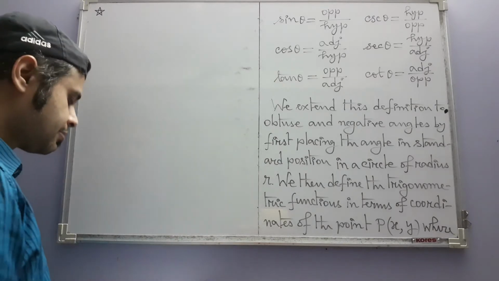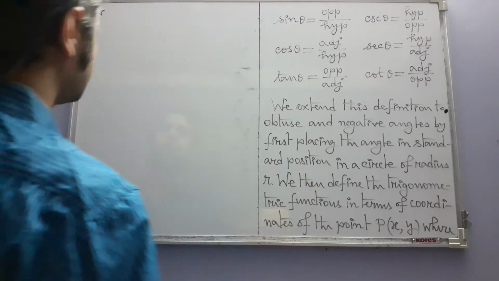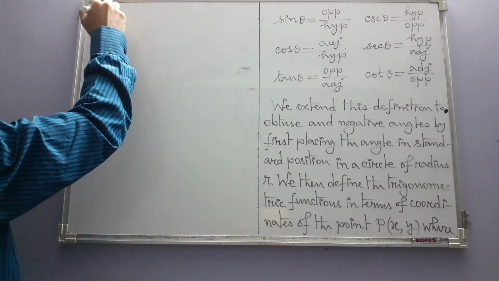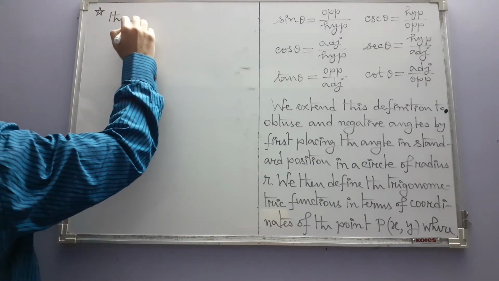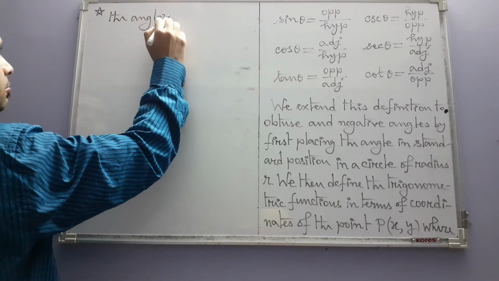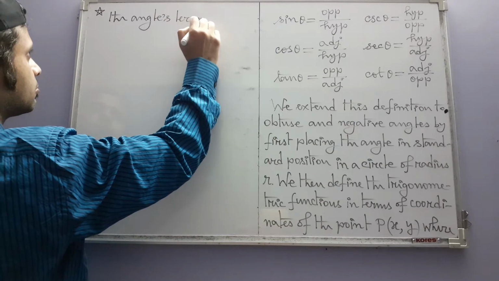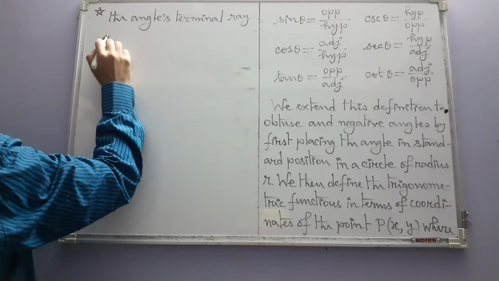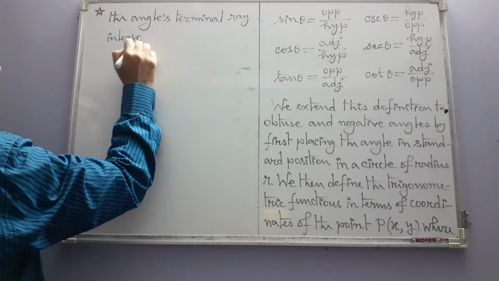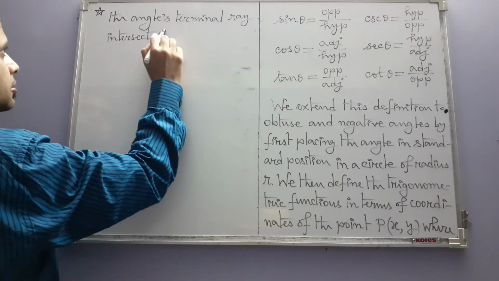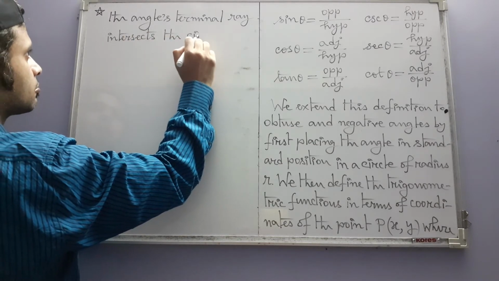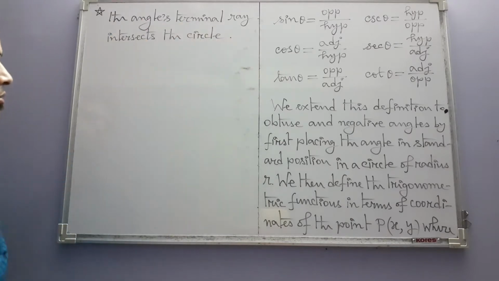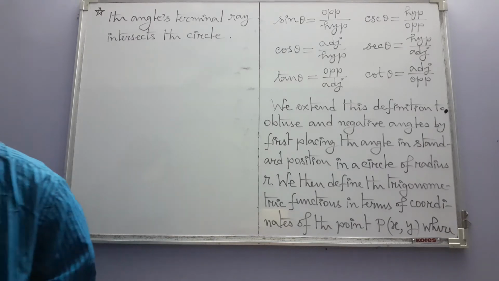P is the point where the angle's terminal ray intersects the circle.